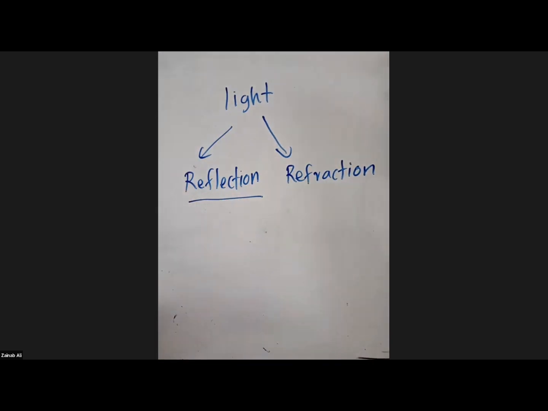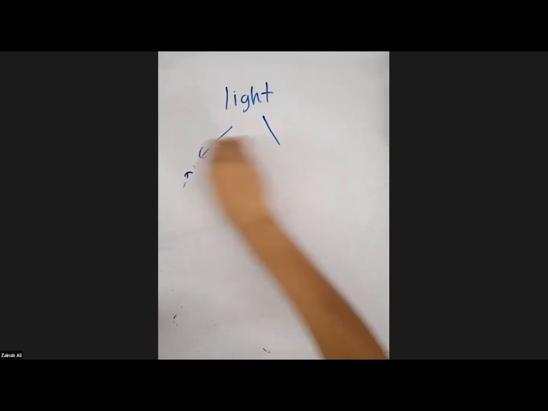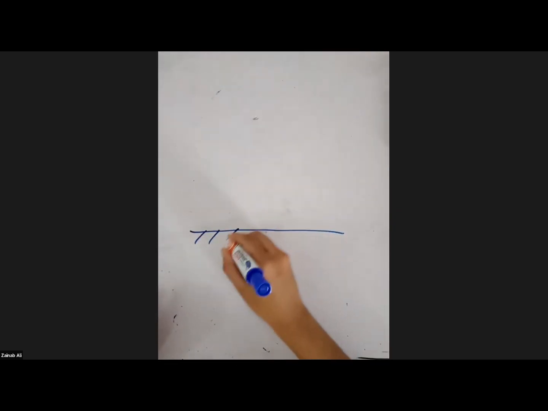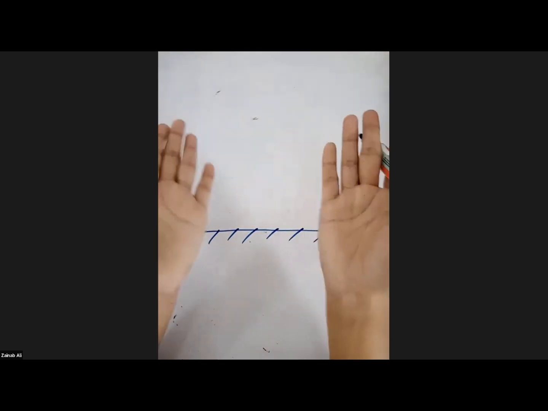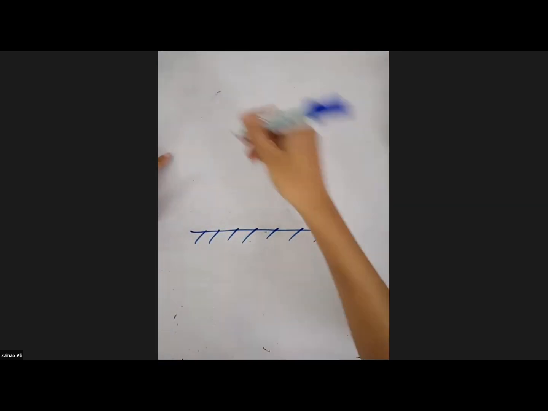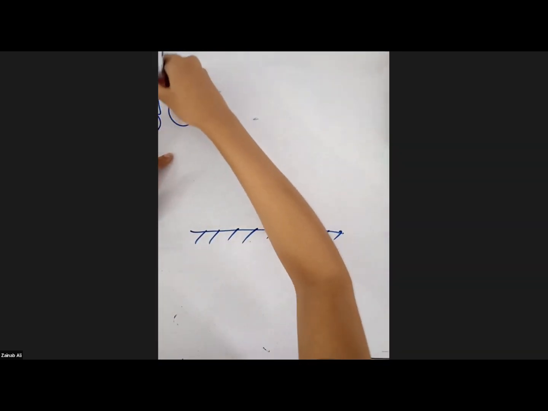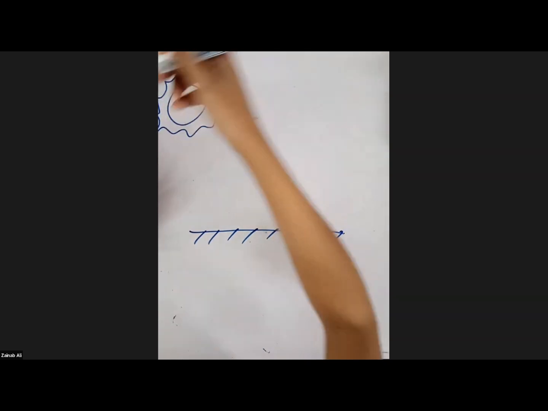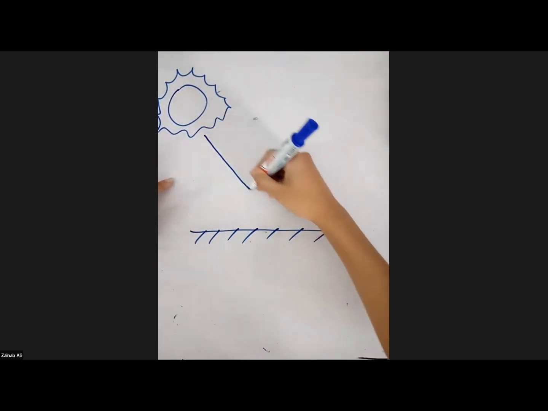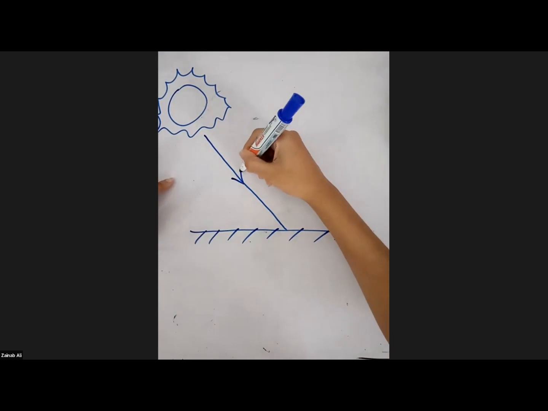For that, I'm going to take a plain mirror and keep it like this. You can keep it under the sun or anything. The sun will emit light rays, and these light rays will come and fall on this plain mirror.